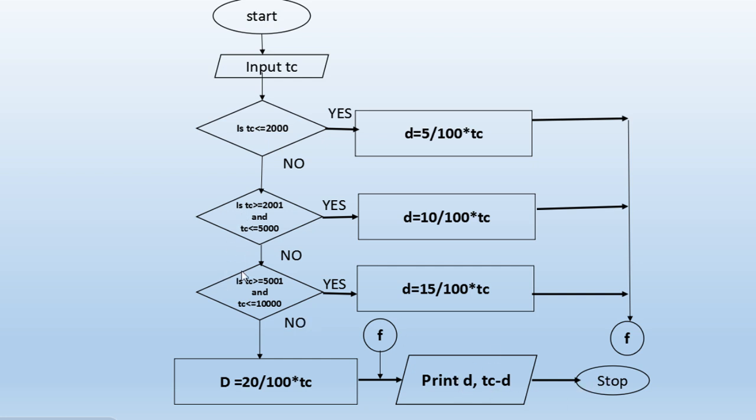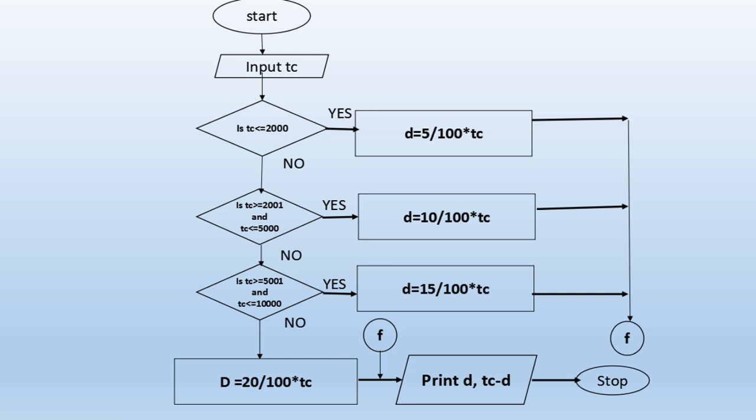And if it is within this range 5001 and 10,000, then 15% discount you are getting. Then again you are printing discount and the amount to be paid, and then stopping. And if it is not, that means if it is above 10,000, you are getting 20% discount, then you are printing discount and amount to be paid to the shopkeeper, and then stop.